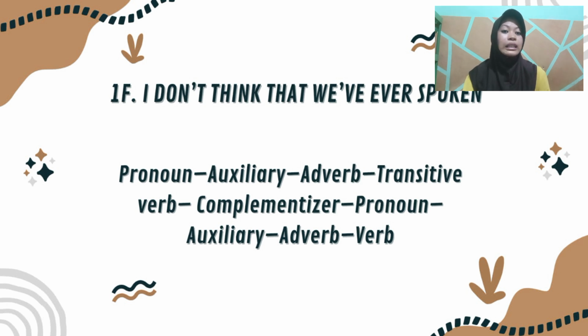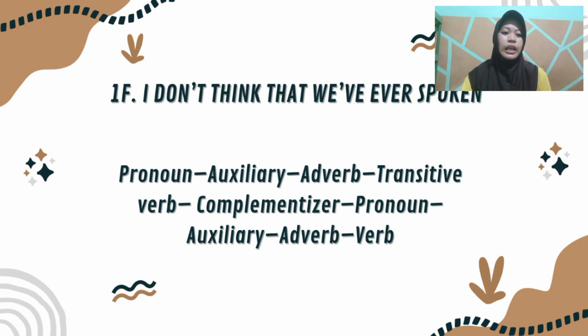Inside the subordinate clause, we functions as the subject, have functions as an auxiliary because it is followed by another verb, ever functions as an adverb indicating time or experience, and spoken functions as the main verb.